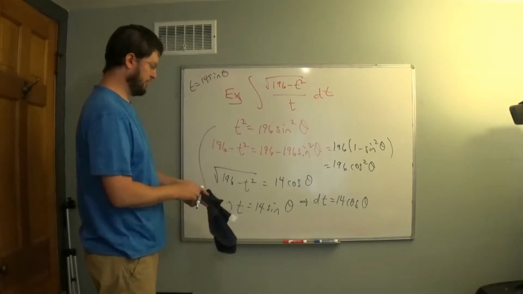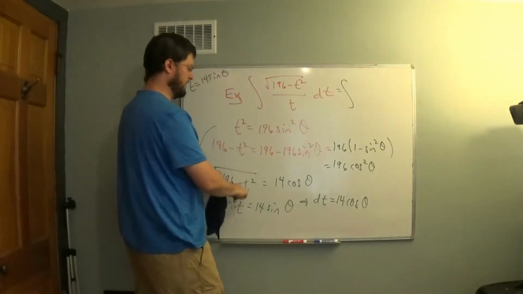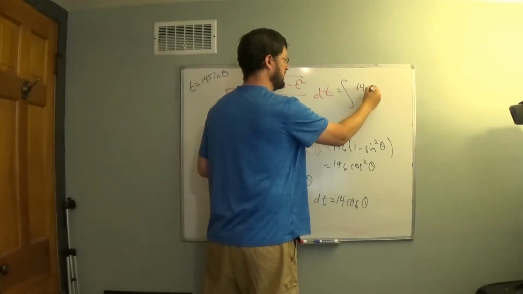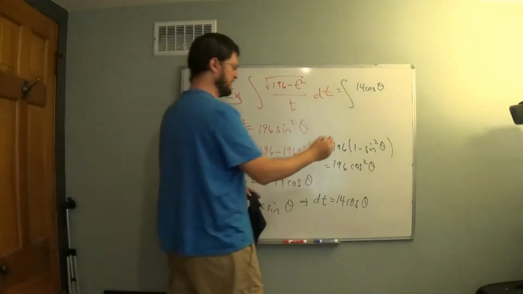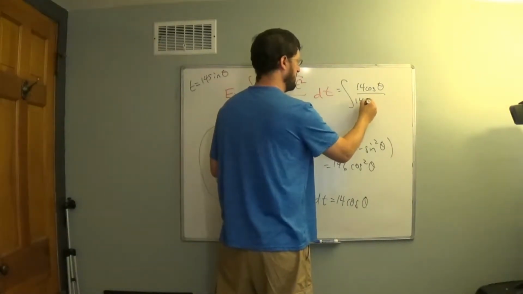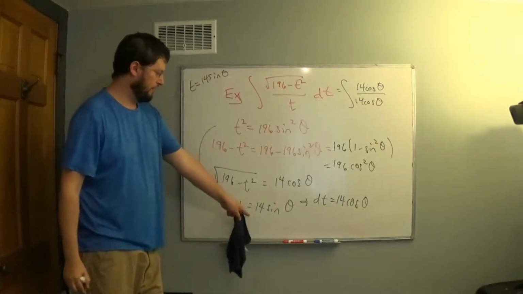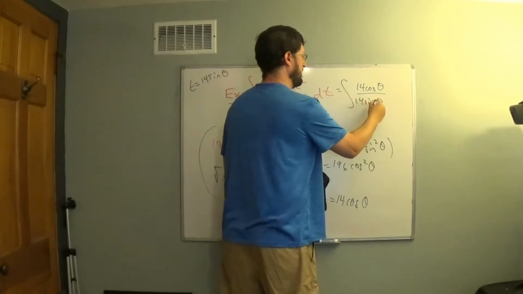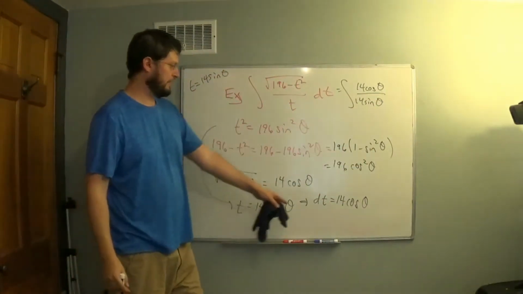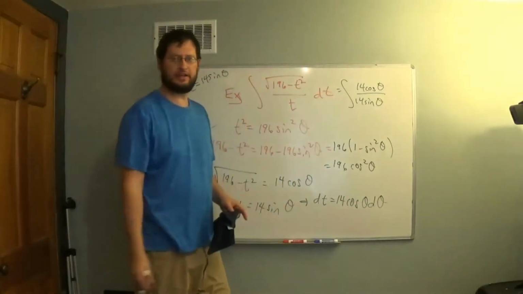So now we can make our substitution. The numerator is this radical right here, which is 14 cosine theta. The denominator is t, which is 14 sine theta. And dt is 14 cosine theta d theta. There should be a d theta there as well.